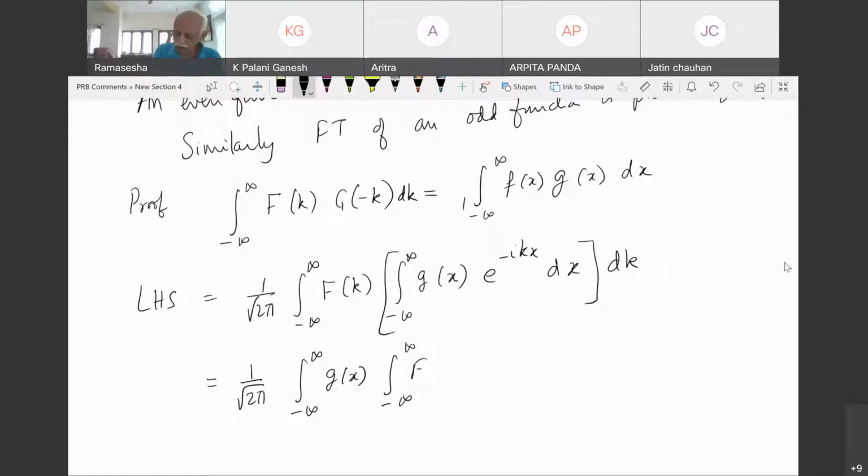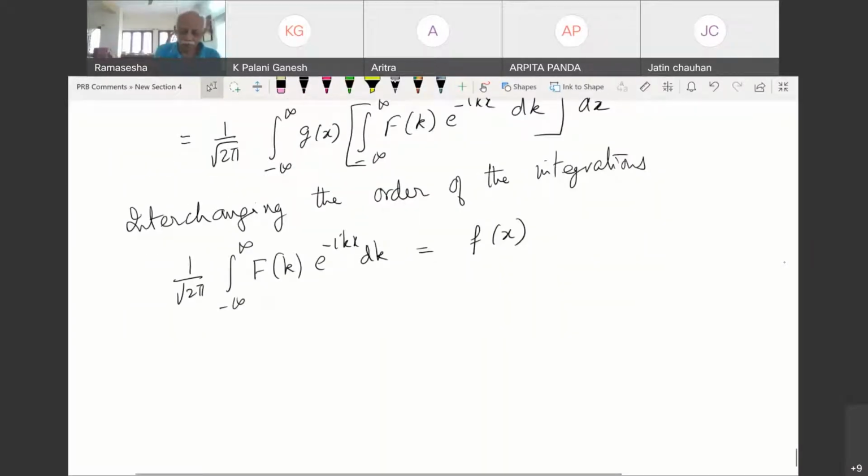So what I have, therefore, is the integral from minus infinity of f of k g of minus k dk is equal to the integral of f of x g of x dx.